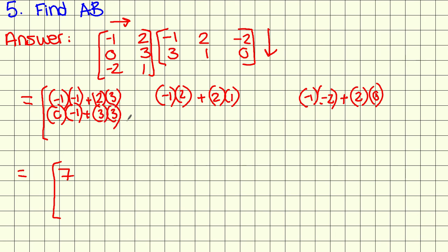So it's plus 3, 3. Okay, this one I'm going to start with the 0 and the 2. Then this one moves along and this one moves down, so it's 3, 1. And then this one here is the 0 and the -2. Then this one moves along to the 3 and then down to the 0.